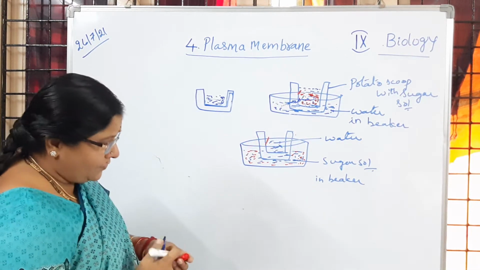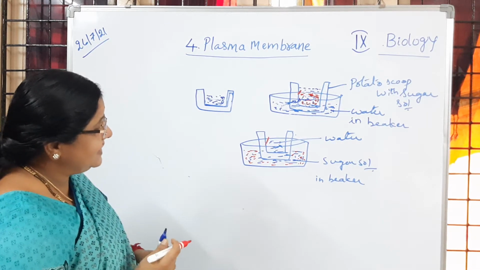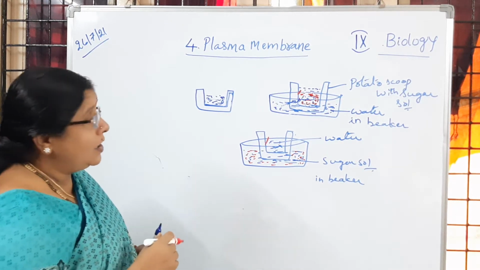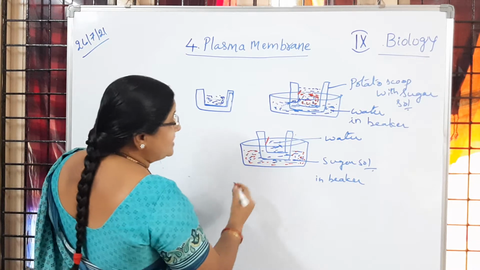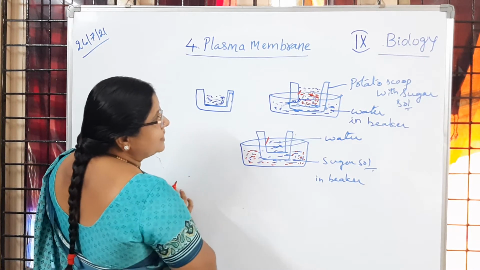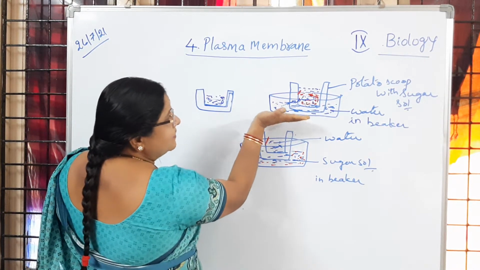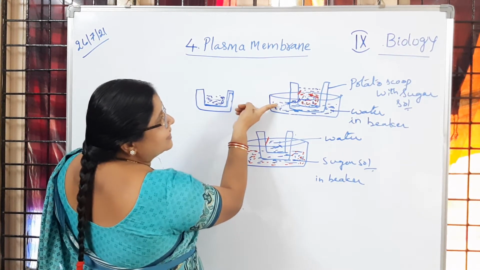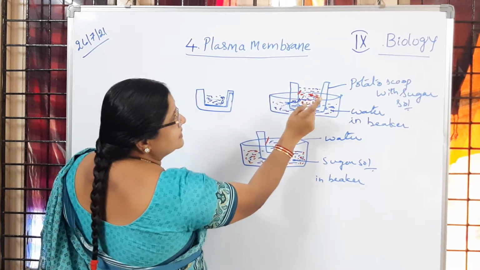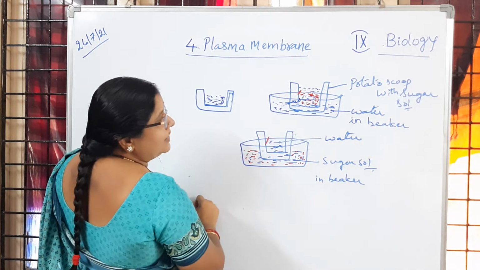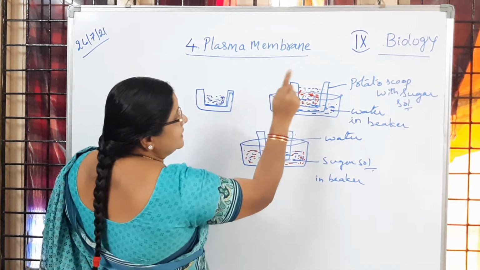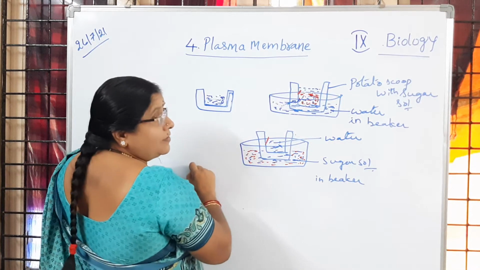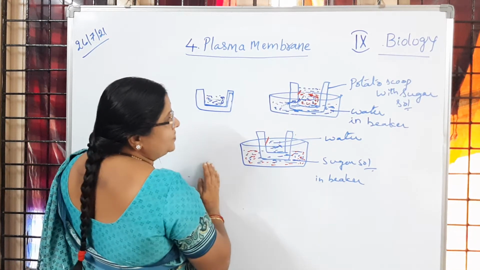After that we leave the setup as it is, and after the time duration is over, what will be your observation? In the first activity, where the plate contains water and the potato scoop contains sugar solution, there is a rise in the level of sugar solution in the potato scoop.